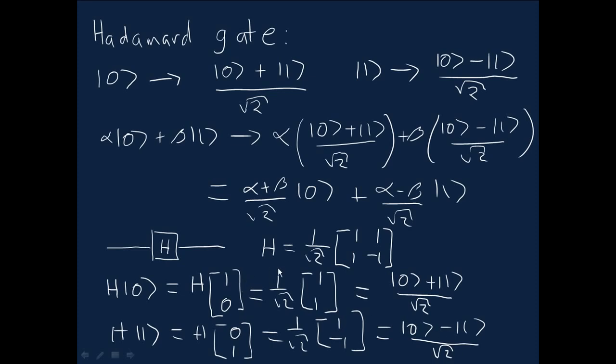So that tells us that this H matrix does indeed give the right action on the 0 and 1 states, and because matrices act linearly on vectors, it must therefore give the right action on any state, a general state like this one here as well. And if you wish, you can go through and actually explicitly check that.